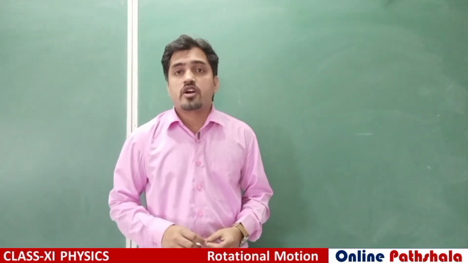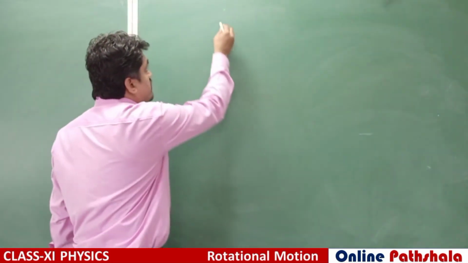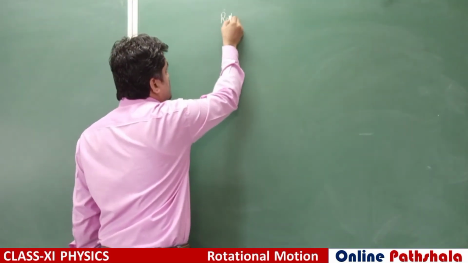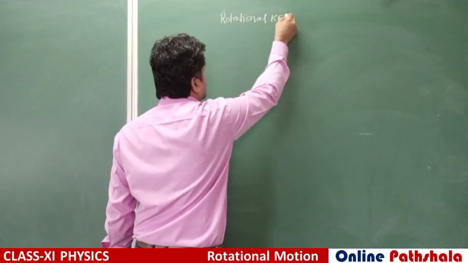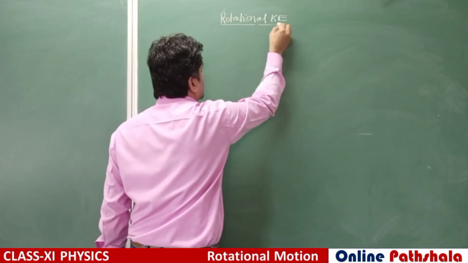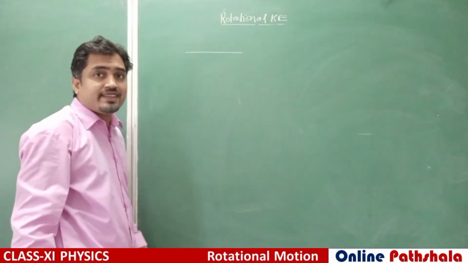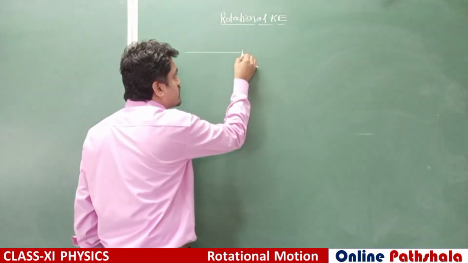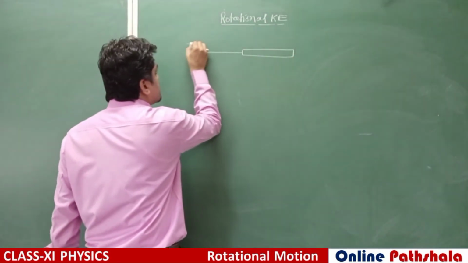Again we are talking about an example of rotational kinetic energy. Let us consider a thin rod having negligible mass as compared to another rod of the same length.